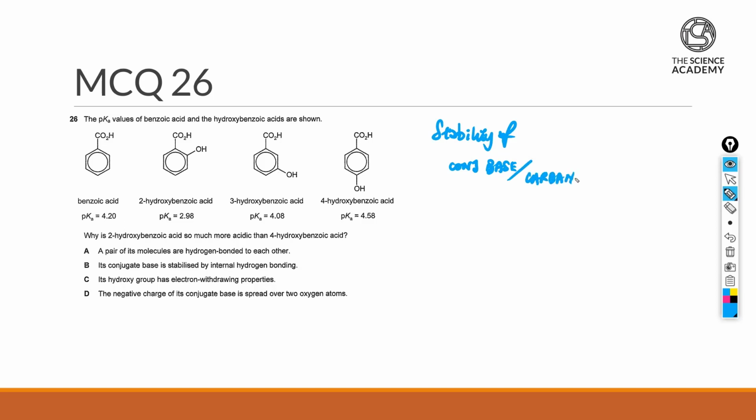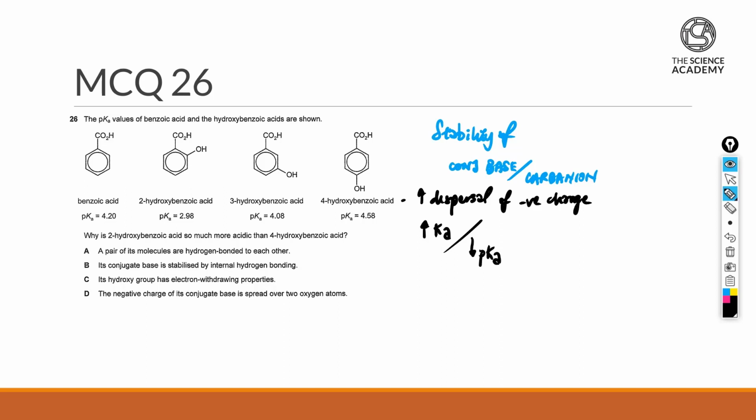So depending on the groups that are found on the carbanion itself, the greater the dispersal of the negative charge of the carbanion, this will actually increase the acid dissociation constant Ka, and since Ka is inversely proportional to pKa, a much higher Ka is the same as having a much lower pKa.